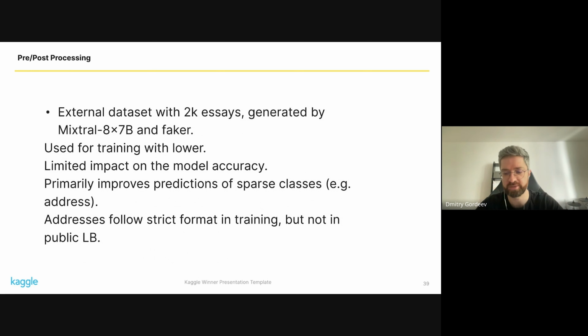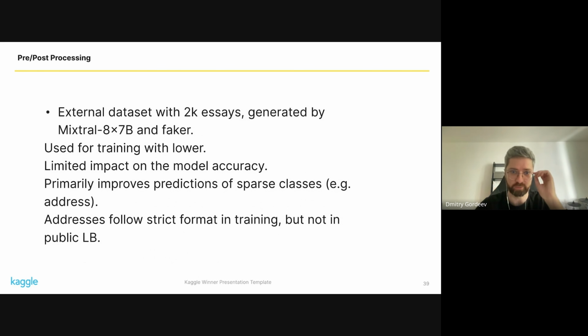That was quite interesting because I had a couple of experiments, and I tend to believe that the format of the address was not precisely followed in public leaderboard data somehow, but in the training it was exactly 2 representations of exactly the same format.